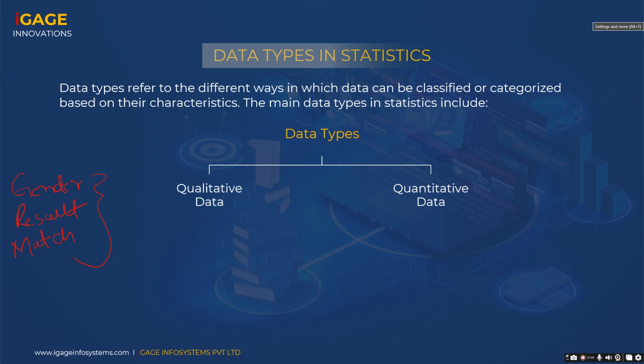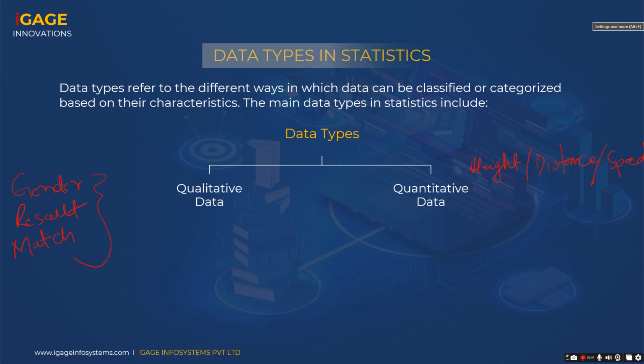On the other hand, examples of quantitative data can be the height of a building, distance, and speed. Since these are numeric in nature, we classify them as quantitative data.